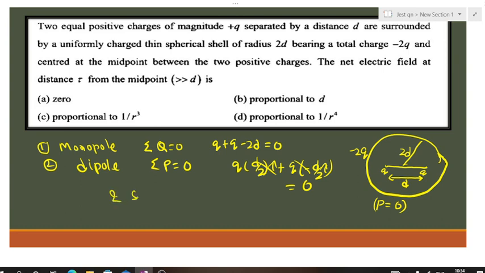And due to the spherical shell, the total contribution of p is equal to 0 due to the symmetric case. So here p is also 0. I can add the next slide.